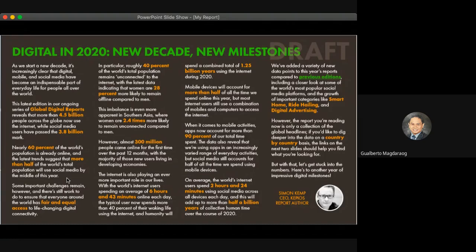And kaya nga meron na tayong term na netizens because mas marami pang population online kaysa dun sa actual na country. The biggest population is already online, netizens. So imagine if half of the world's population is online, hindi ba napakalaking market niyan for a business?